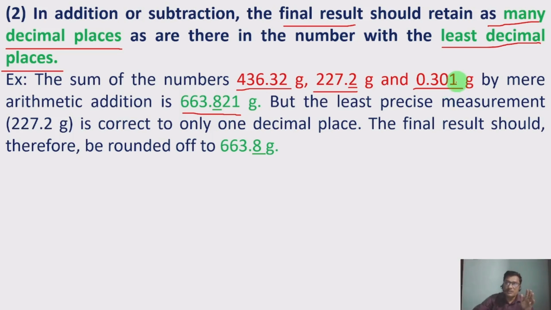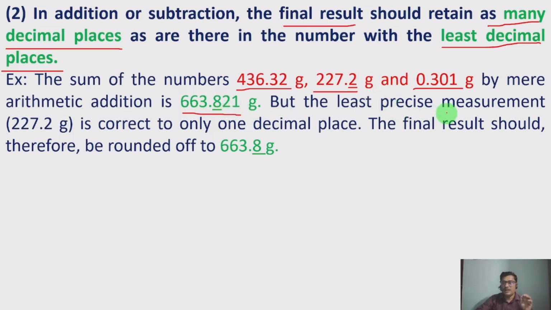But the result we got is 663.821. As per the rules, we should take the decimal places in the result according to the number having the least decimal places among the original values. The second number has the least, only one decimal place, so in the result we should take only one decimal place.